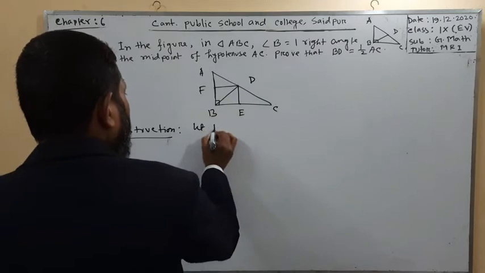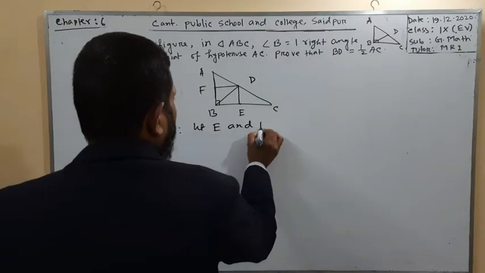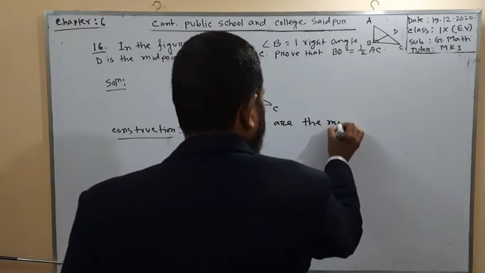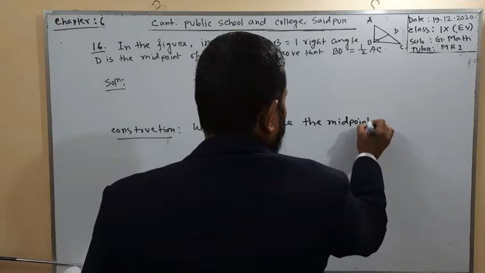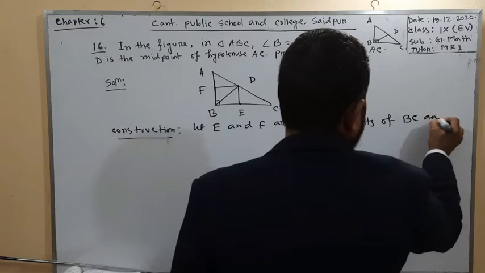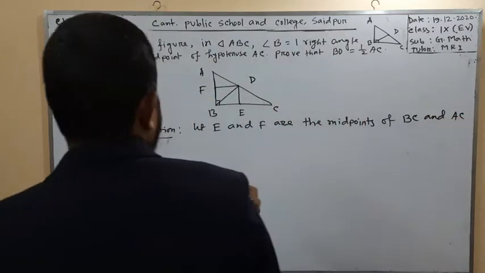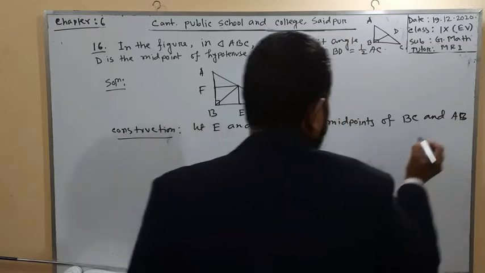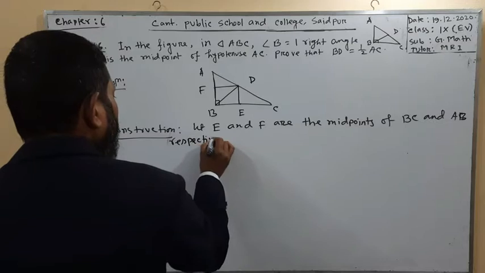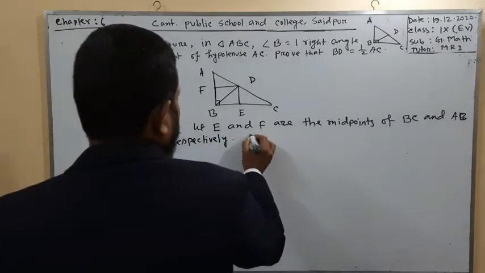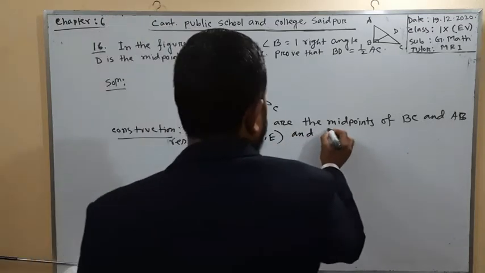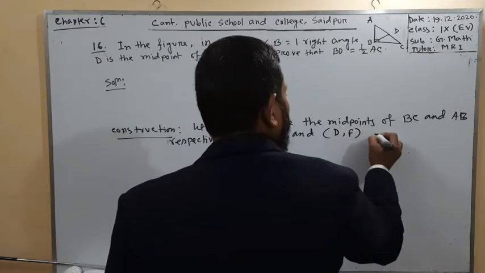Let E and F be the midpoints of BC and AB respectively. D, E and D, F are joined.